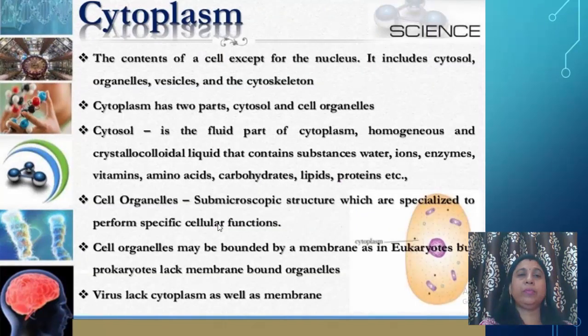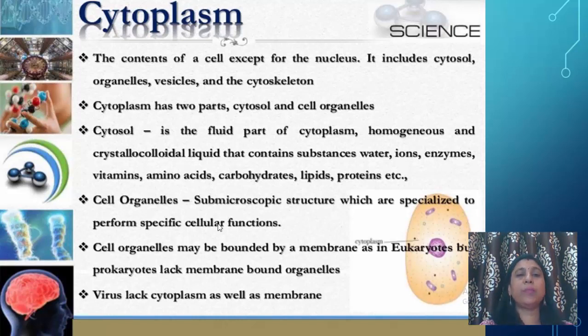Now, cytoplasm. The contents of a cell except for the nucleus is known as cytoplasm. Everything contained in a cell inside the cell membrane and outside the nuclear membrane is known as cytoplasm. It includes cytosol, organelles, vesicles, and the cytoskeleton.